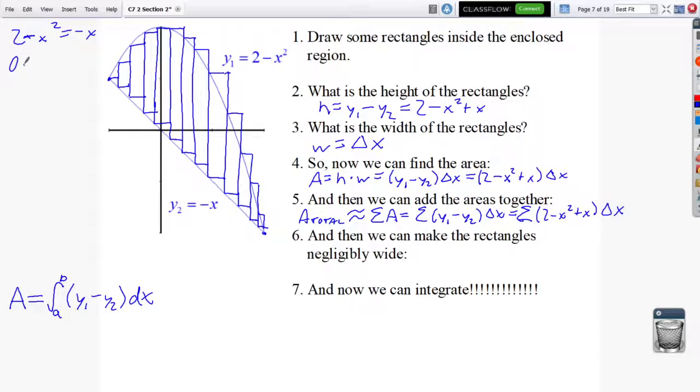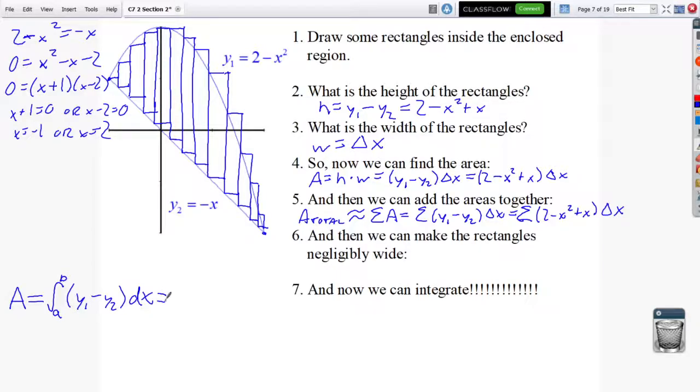Solving that, get 0 on one side, so 0 is equal to x squared minus x minus 2. Because of how this problem works out, I can factor this: 0 is equal to (x plus 1)(x minus 2), which gives me two equations: either x plus 1 equals 0 or x minus 2 equals 0. Looking at that, I know either x equals negative 1 or x equals 2. Why did I want to put it in those terms?